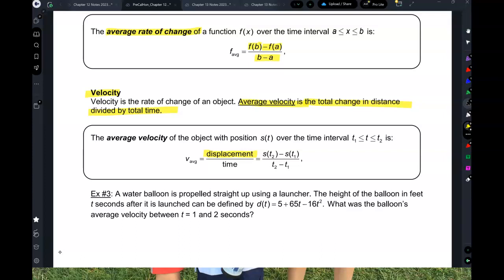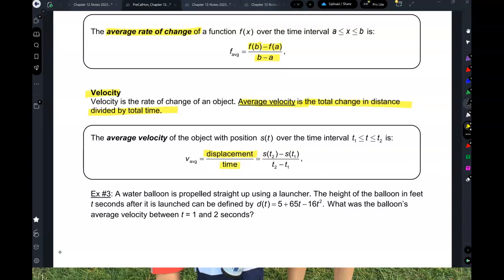For example, if something starts at a point and keeps going back and forth, and at the end of the time it landed 10 meters to the right, that's displacement. If it landed 10 meters to the left, that would be negative 10. So displacement over time is average velocity.